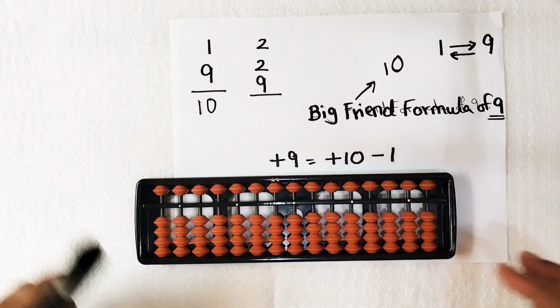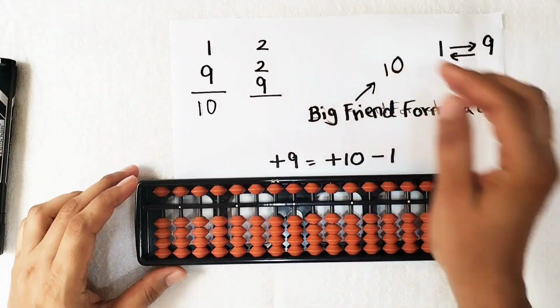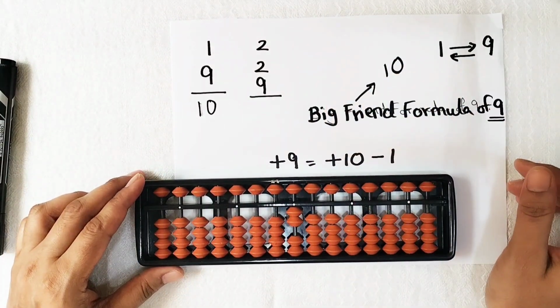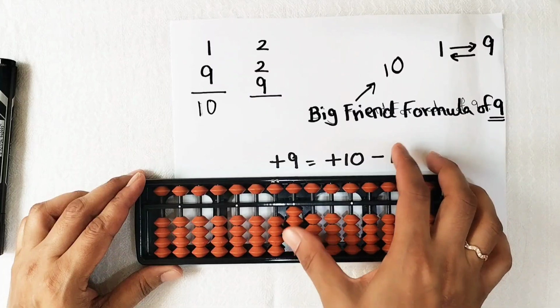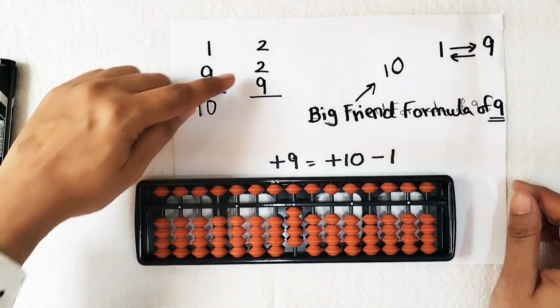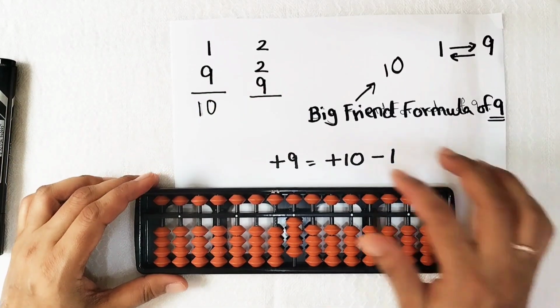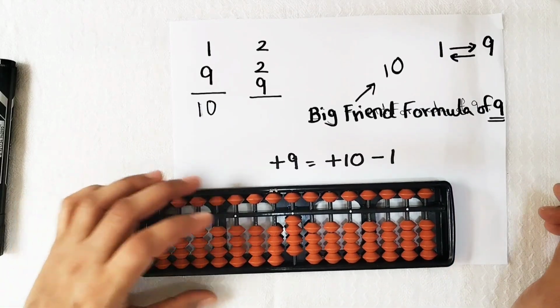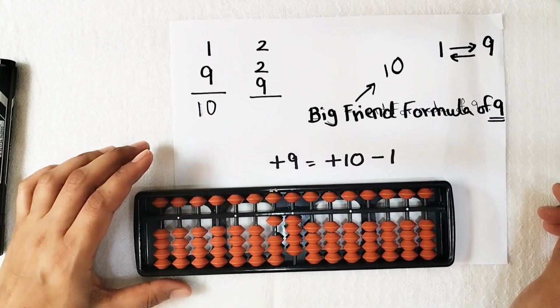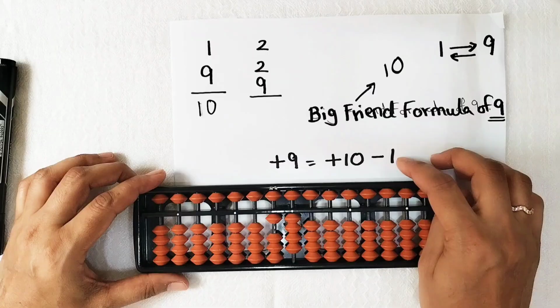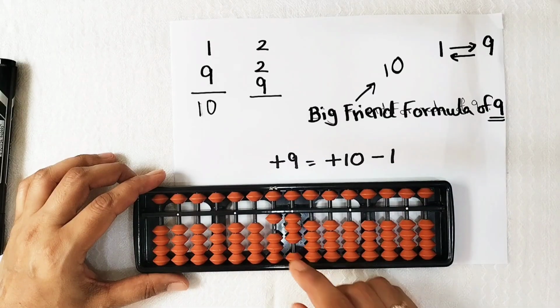Next one. 2 plus 2, add 9. Now again let's follow the formula. Add 9 is add the 10 and less 1.